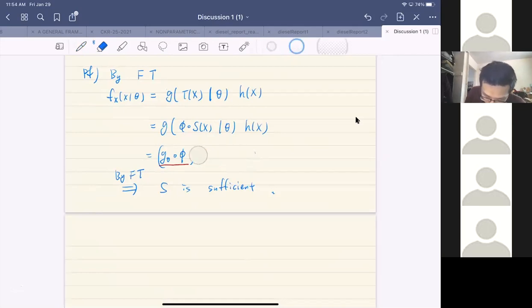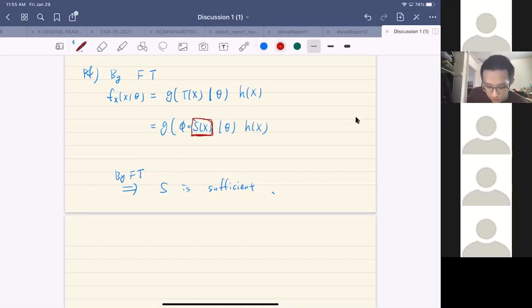So it can become like a g. So this looks like a function of s.